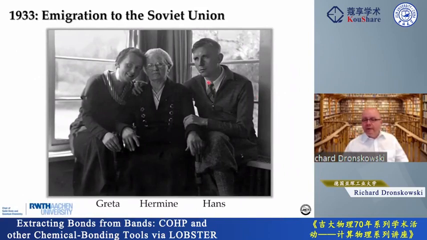He had to emigrate to the Soviet Union because his wife was Jewish. So in the year 1933, when the National Socialists had come to power in Germany, he had to leave Germany. So this is the last picture taken of him with his mother and his sister. So he went to the Soviet Union, to Moscow.